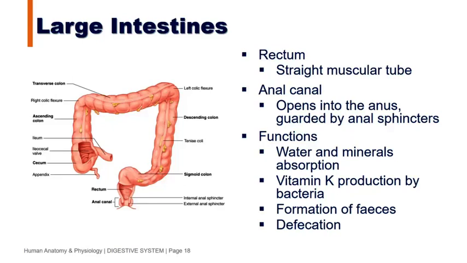Then you have your anal canal. It opens into the anus, guarded by the anal sphincter. You have here your internal anal sphincter and external anal sphincter. The large intestine is for water and mineral absorption, vitamin K production by bacteria, formation of feces, and defecation.